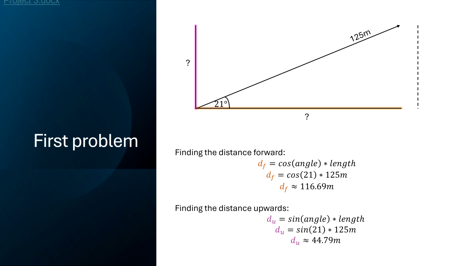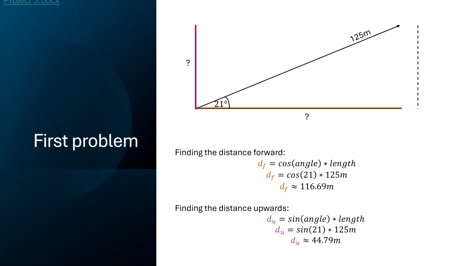Secondly, for the distance moved upwards, you may want to visualize another line, which I have put in dotted lines in the problem, that is parallel and therefore the same length. Now, this length, as you may have already recognized, is the opposite of the aforementioned angle.